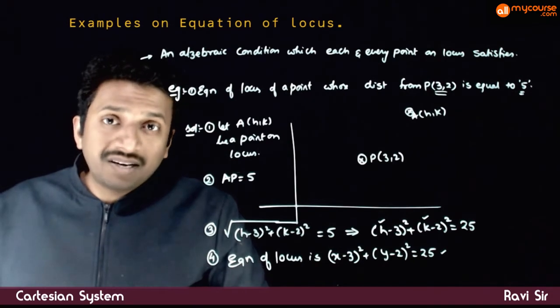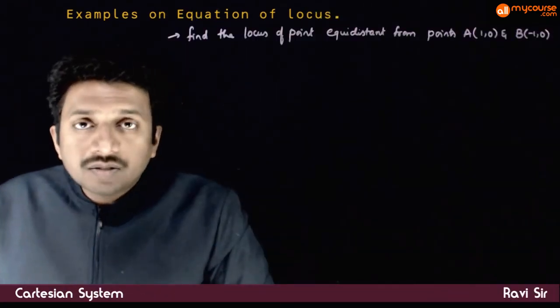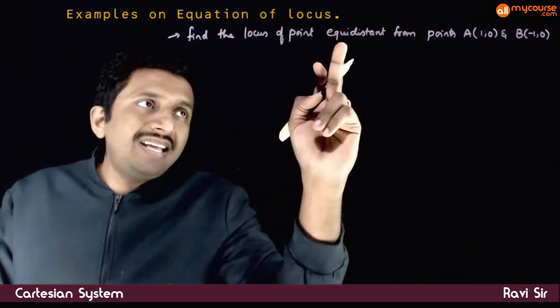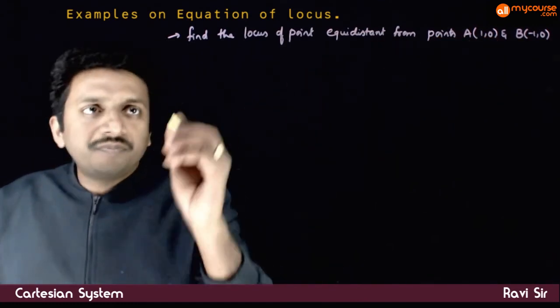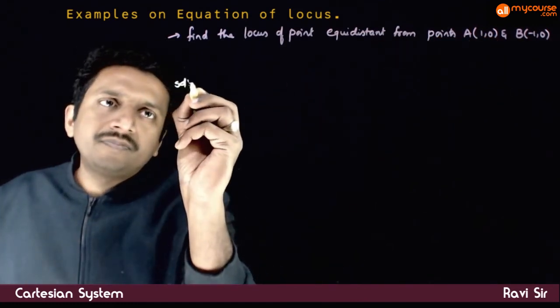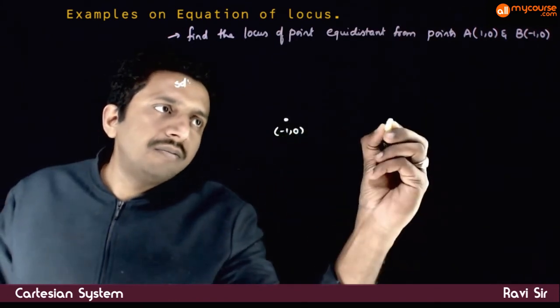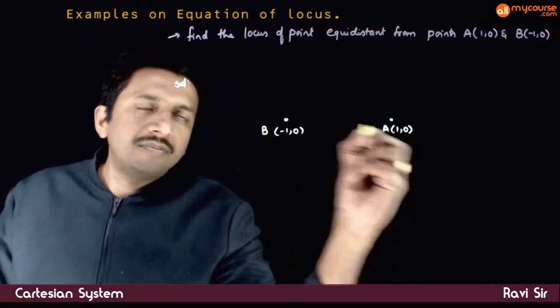So now let us look at some more complicated loci. In this question, you're asked to find the locus of a point equidistant from these 2 points 1, 0 and minus 1, 0. So you have a point minus 1, 0 and the point 1, 0.